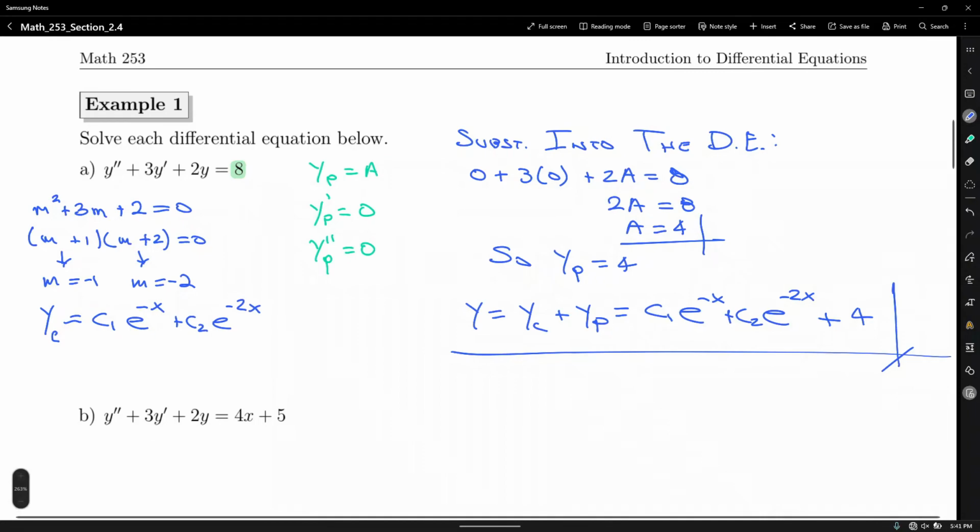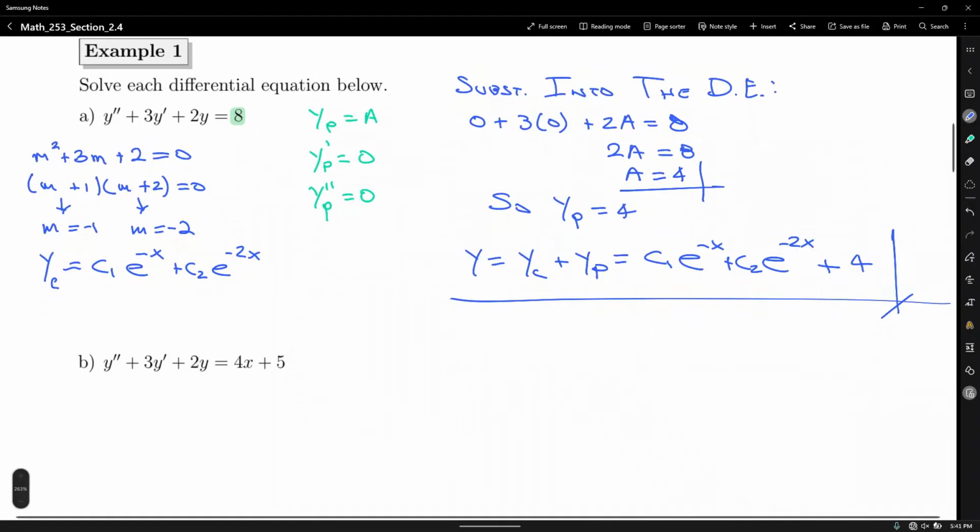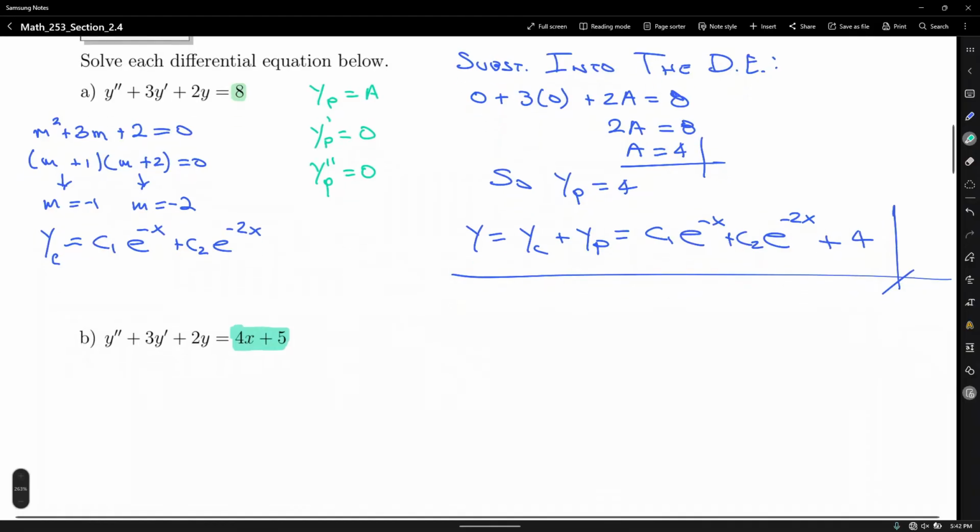Well, let's actually turn that forcing function that we had, which was a constant, into a linear function. And guys, to save time, I'm going to use the same differential equation for this set of exercises. What changes is just the form of the forcing function, or the input function.